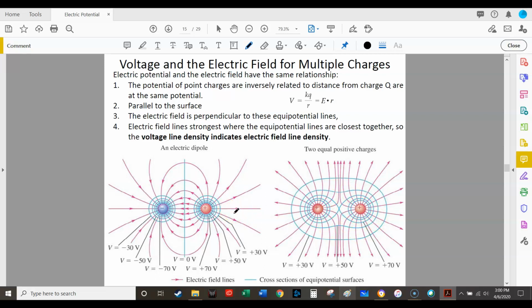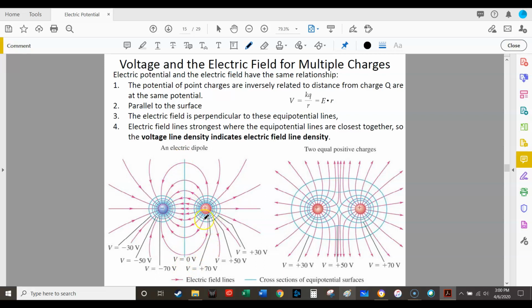So this is not two spiders giving each other hugs. This is an electron and a proton, and the electric field lines are leaving the proton and coming in towards the electron. The voltage lines are going to be very askew as well.